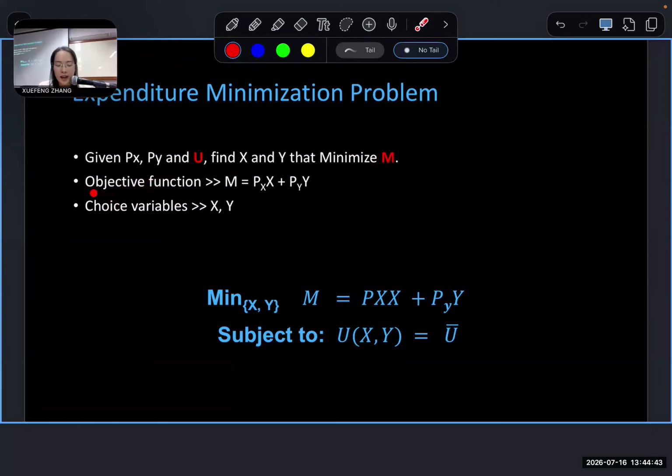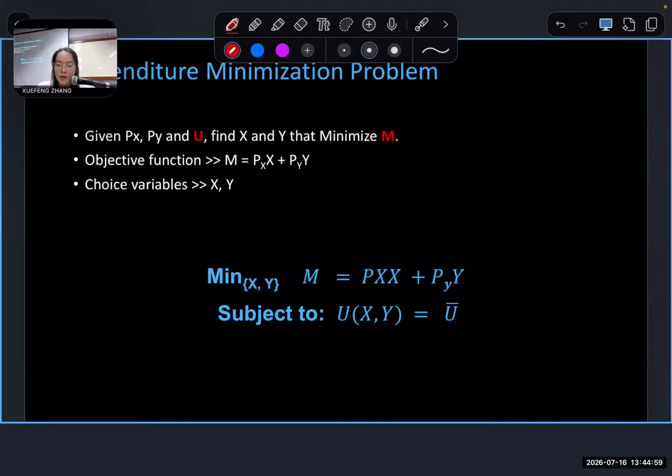So this time, our objective function is our budget line, M equals Px times X plus Py times Y, just a typo before. So here we want to minimize our expenditure subject to our utility. Here you are given the exact utility level.